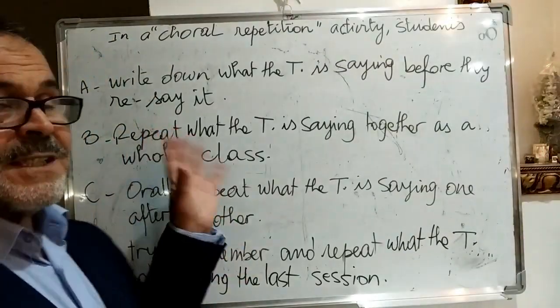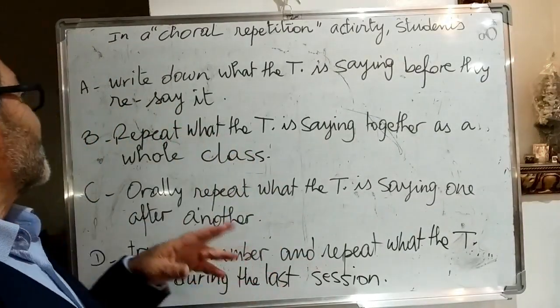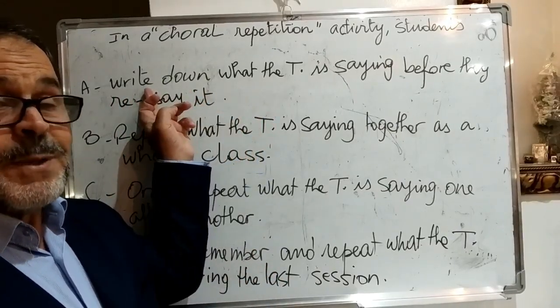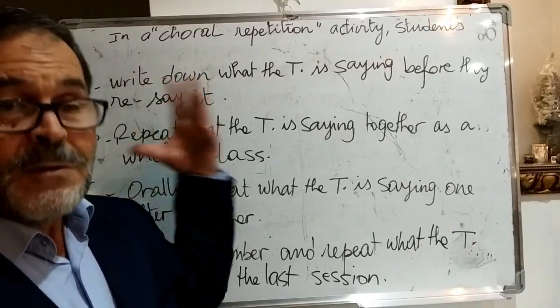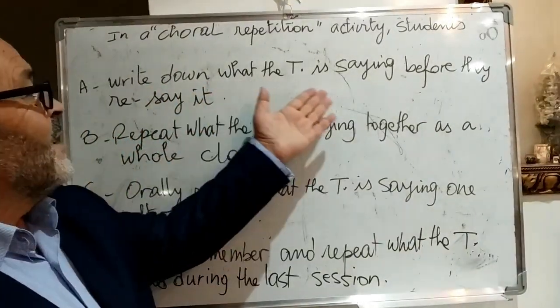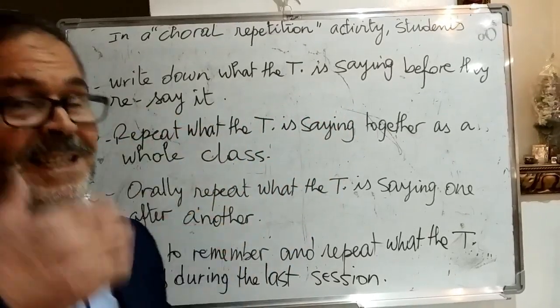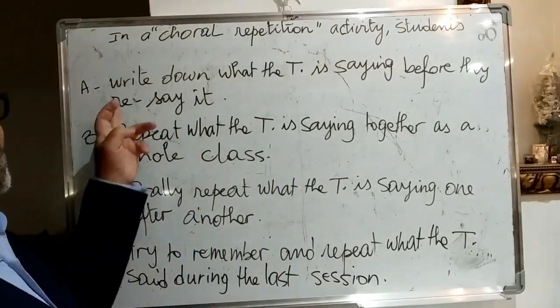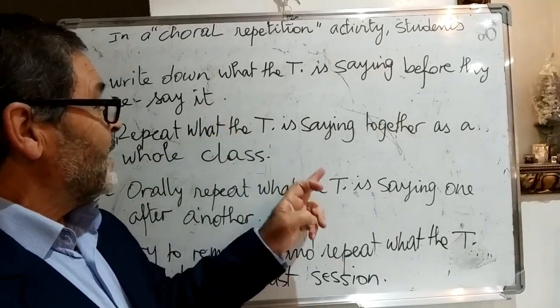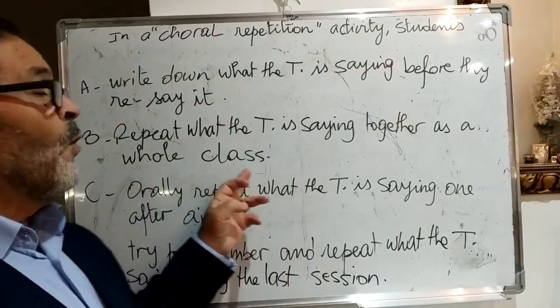So, what is the answer? Let's see. Write down what the teacher says. We should stop here because it is not writing, it is an oral activity. So this is false. Write down what the teacher is saying before re-saying it, no, false. B, repeat what the teacher is saying together as a whole class.